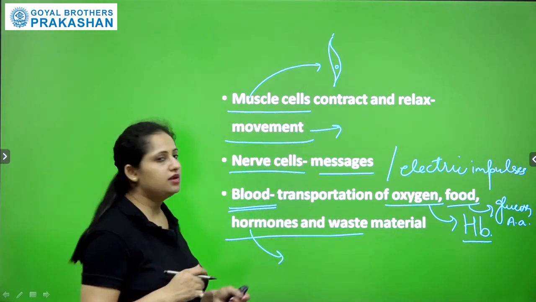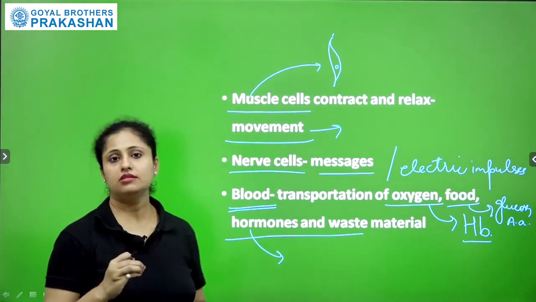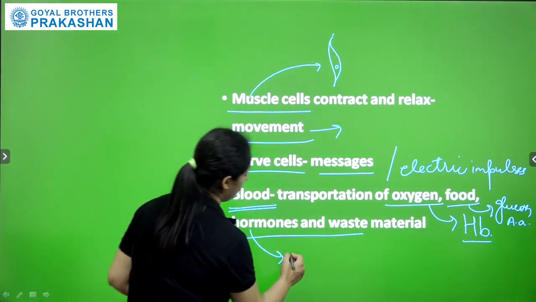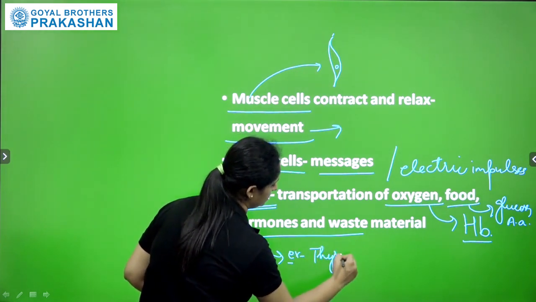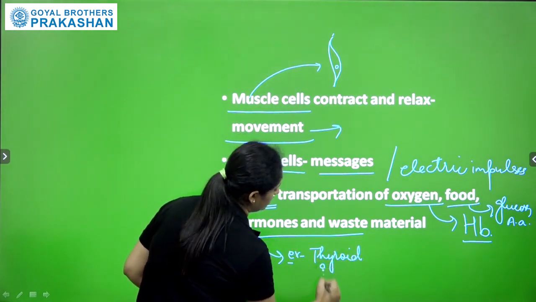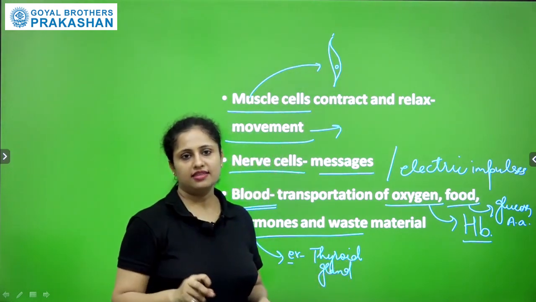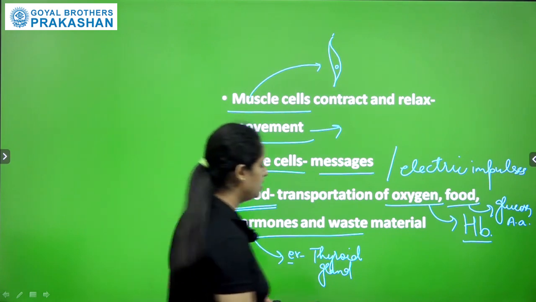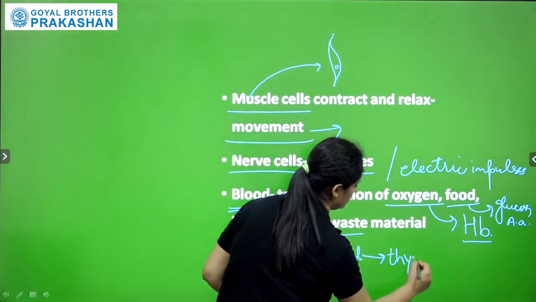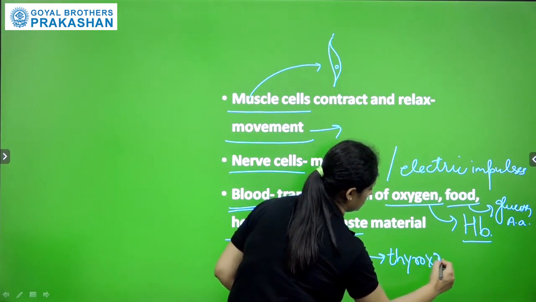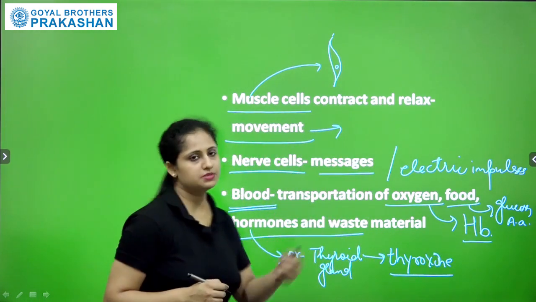Hormones, there are many hormones which are poured by the body directly into our blood. For example, the thyroid gland secretes its secretion, that is hormone, directly into the blood, and the name of the hormone is thyroxine.